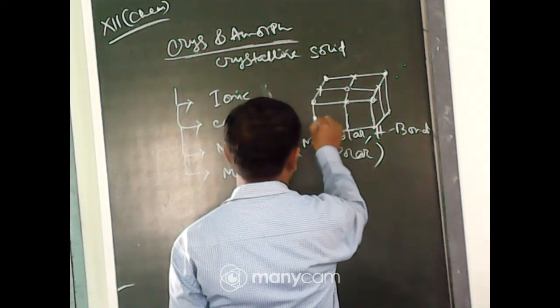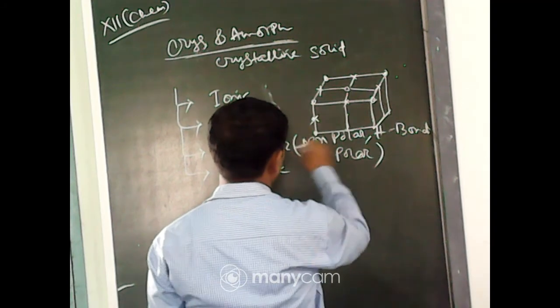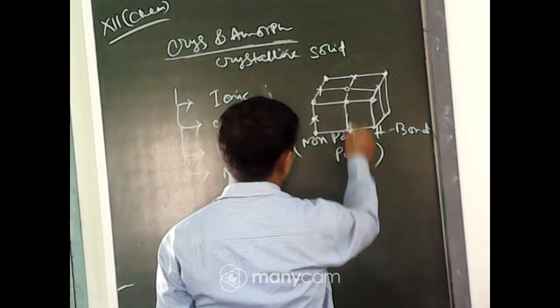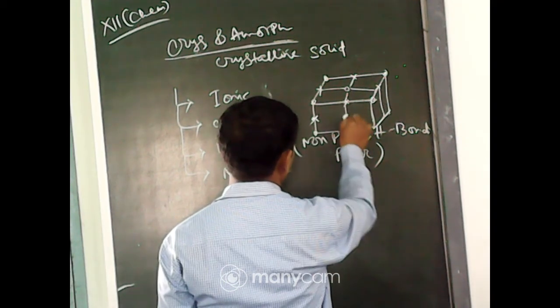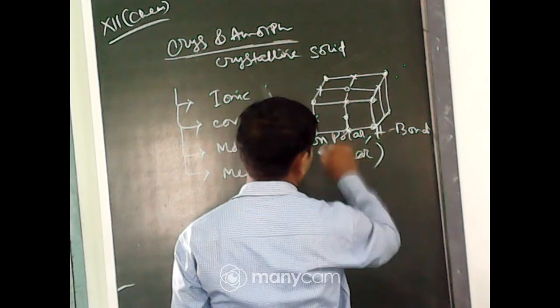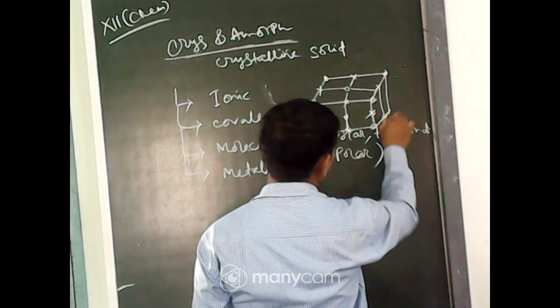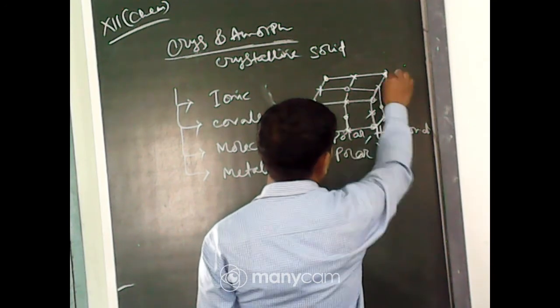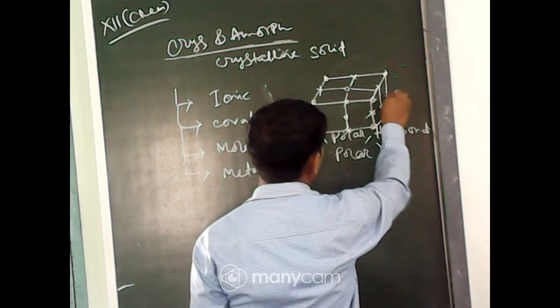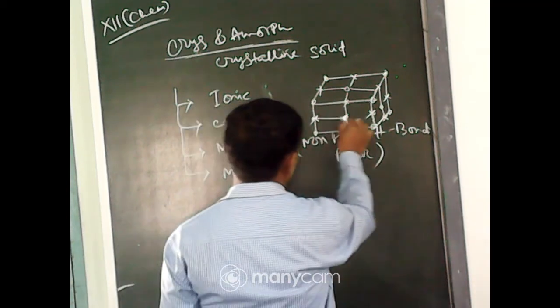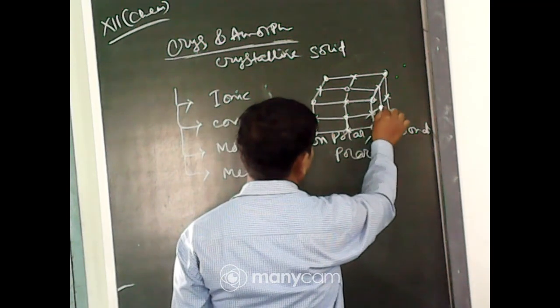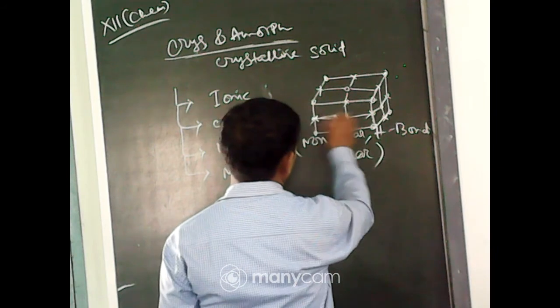Here is one chlorine, here sodium, here sodium, here chlorine, here chlorine, here one sodium. Okay, here is sodium, here is sodium, here is one chlorine, here chlorine, here will be chlorine, here is sodium. Now, the lines should be straight lines.